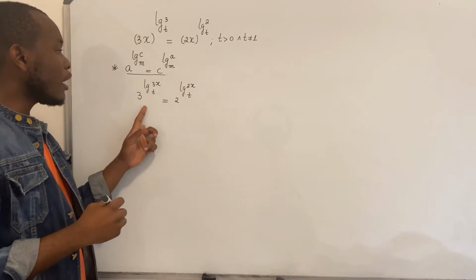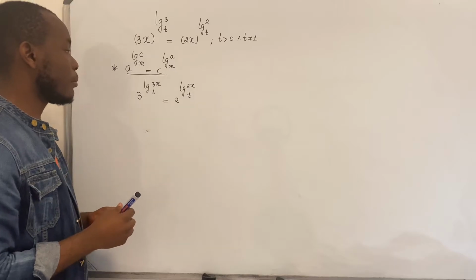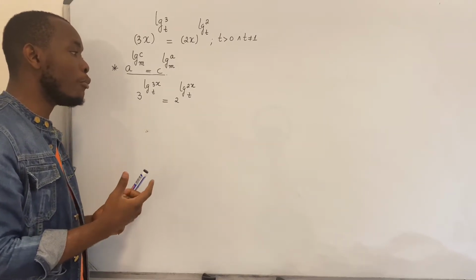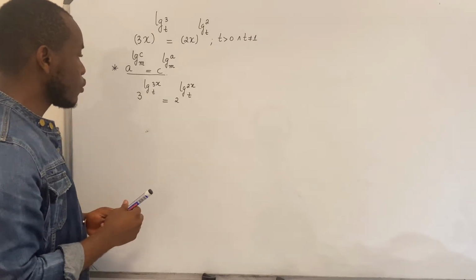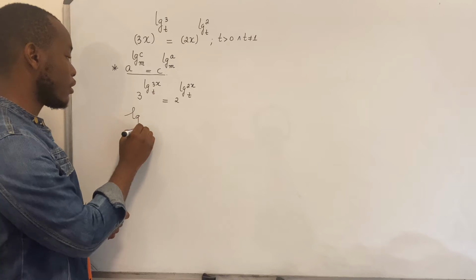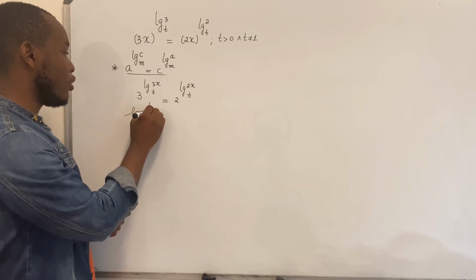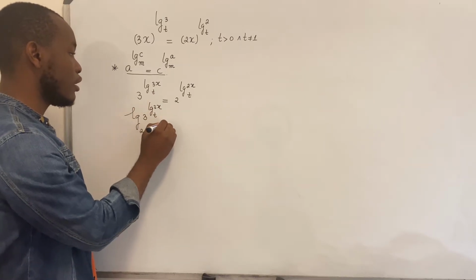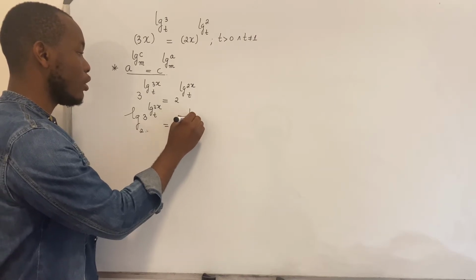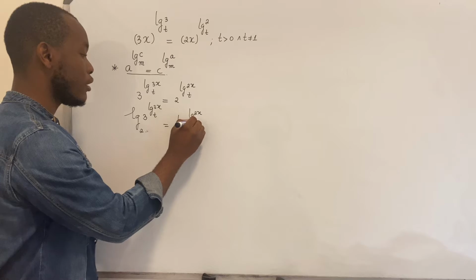Now, after doing that, what can we apply? We can apply logarithm on both sides with base 2. So if we apply log base 2 on both sides, we're going to have log of 3x to the base t times log of 3 to the base 2 equal to log of 2x to the base t times log of 2 to the base 2.